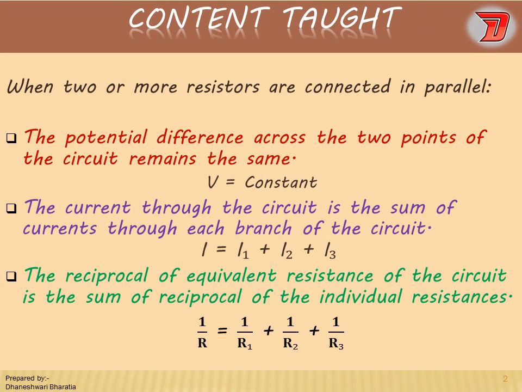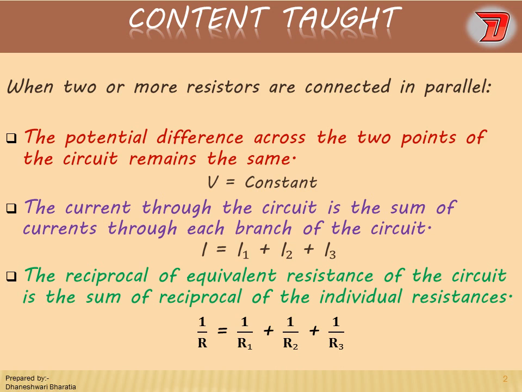In the previous video we had seen the combination in parallel, where we saw that when the resistors are connected in parallel, the potential difference across the 2 points of circuit remains the same.